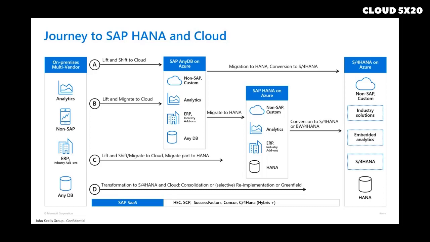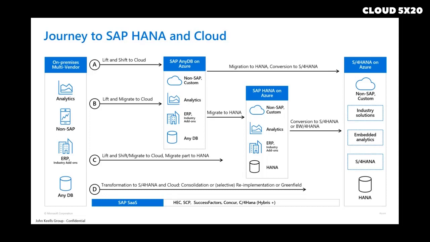In Sri Lanka, item number C, which talks about lift and shift and migrate as part of HANA conversion, we actually don't do that. The reason is we don't have an Azure data center in Sri Lanka. We use the one closest to us, which is Southeast Asia, and that has very good latency.